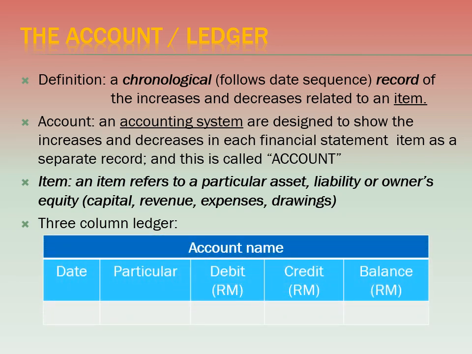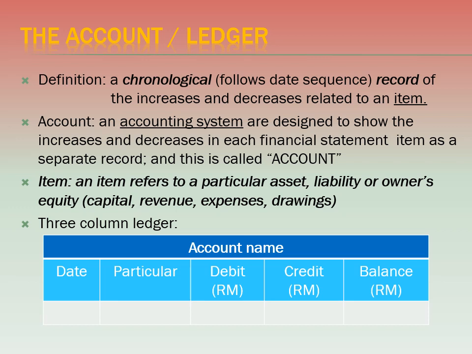It's something like this. You have an account name on the middle line or the left line. It's not specifically fixed; it doesn't matter. However, you have the column of date: what is the date the transaction occurred?